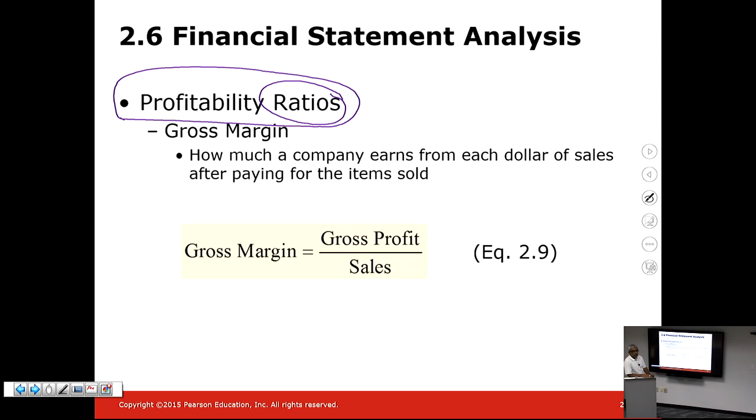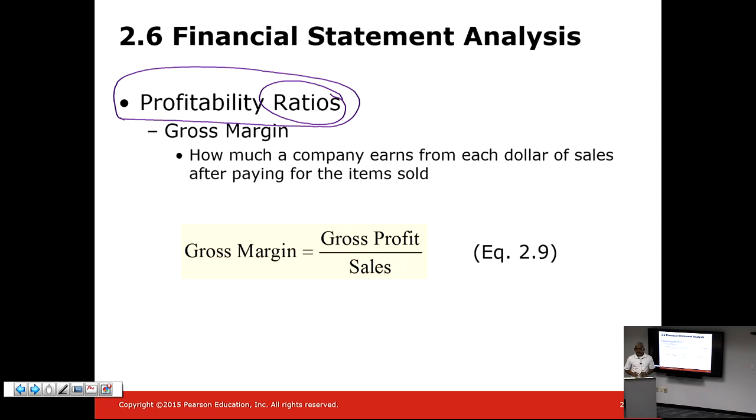The reason is that it is very difficult to compare firm A with firm B because their asset bases are so different. A small firm will have fewer assets than a large firm. And thus, the revenue of a small firm will be different than the revenue of a large firm. So if you have to compare between these two alternatives, how do you directly compare gross profit?